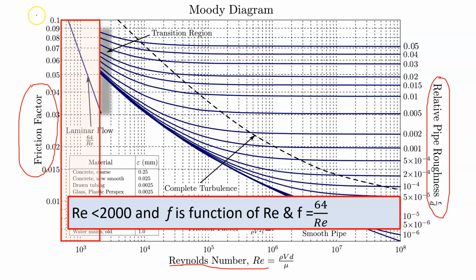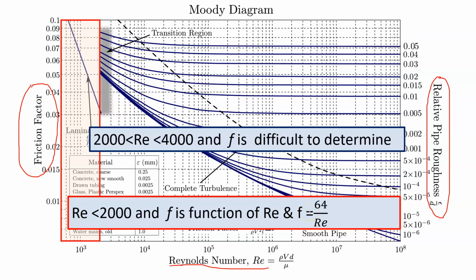So from this region, if I know the Reynolds number, I can easily find the friction factor. Now when Re ranges between 2000 to 4000, f is difficult to determine. So this is the transition region, where the Reynolds number is 2000 to 4000.